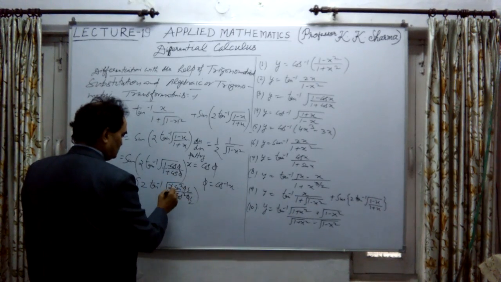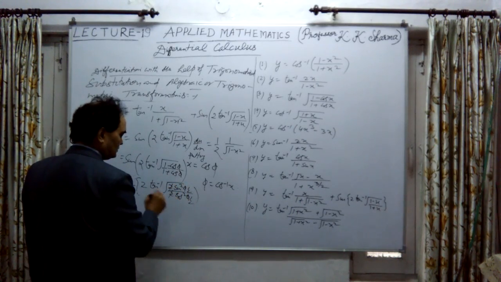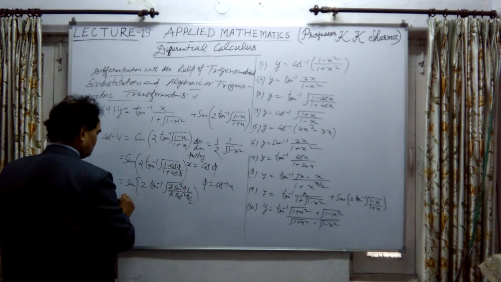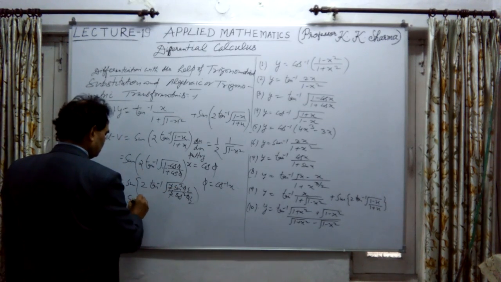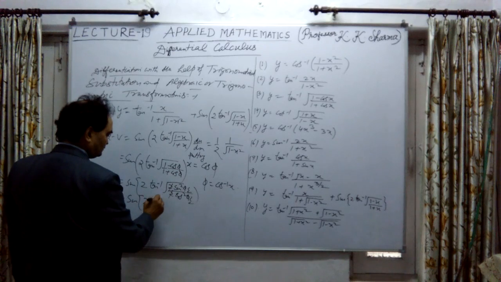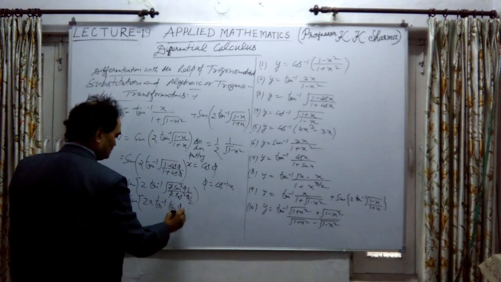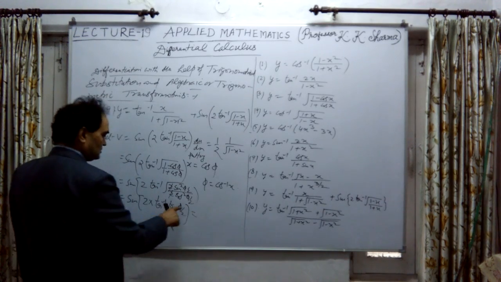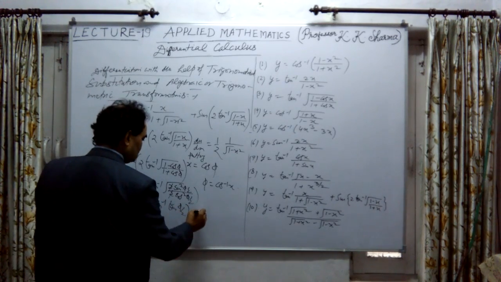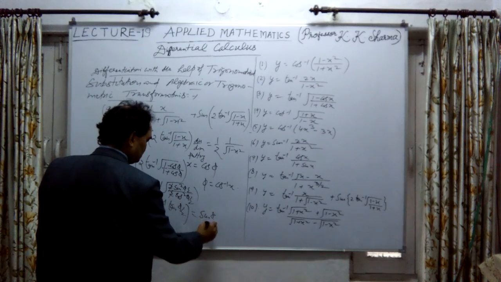Okay, 2 and 2 cancel out, square root and this square cancel out, we get tan phi by 2. That means sine of 2 into tan inverse tan phi by 2, that means phi by 2, and 2 cancels out. This is sine phi only.